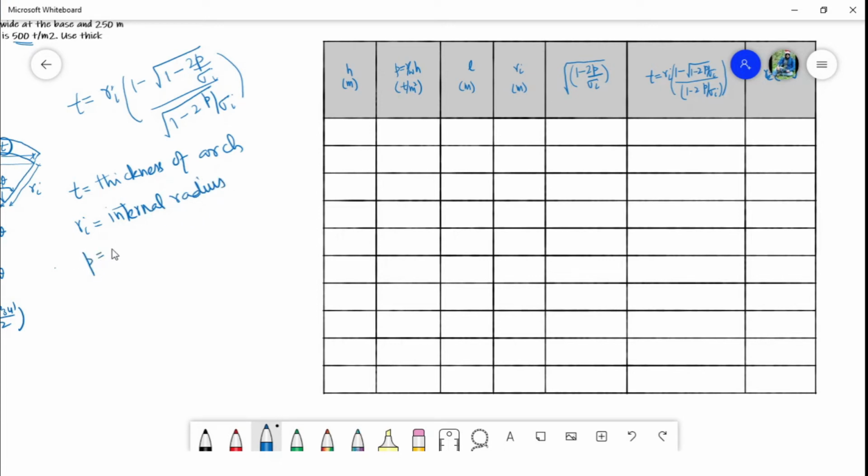P is equal to gamma W times H, where gamma W is the unit weight of water and H is the depth of water from the top.